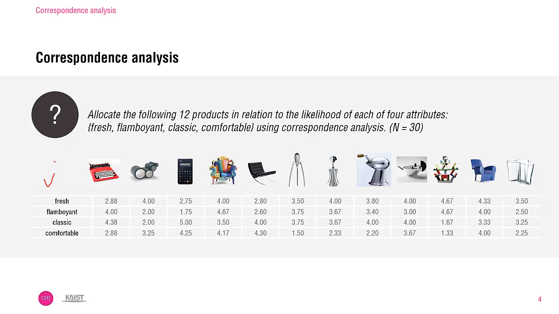Among the 20 adjectives, I selected these 4, such as fresh, flamboyant, classic, and comfortable, just because these 4 seem to describe quite different aspects of product design. But my selection is just a random choice, and I'm showing you an example.